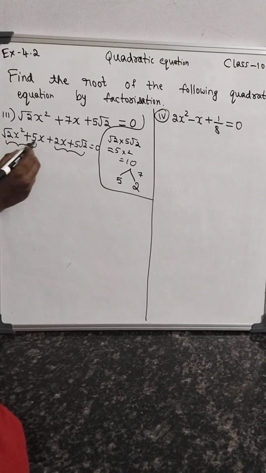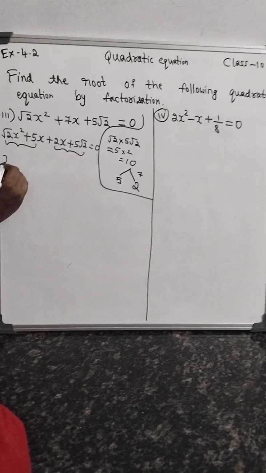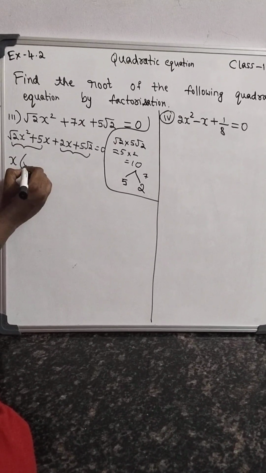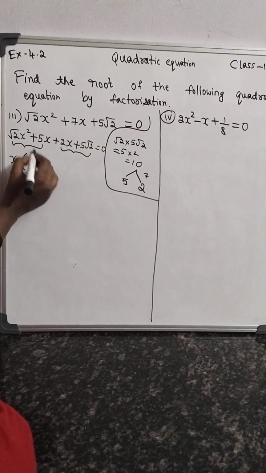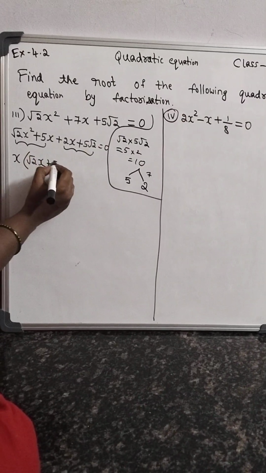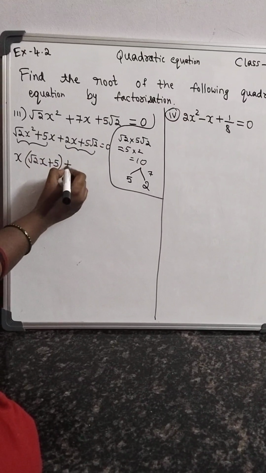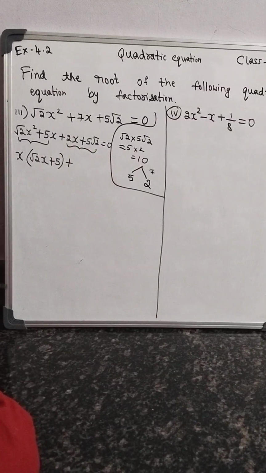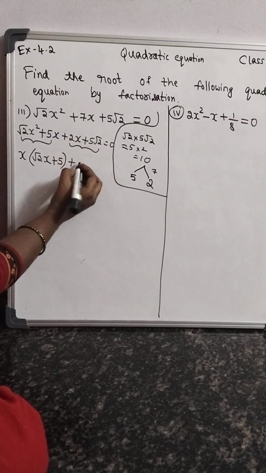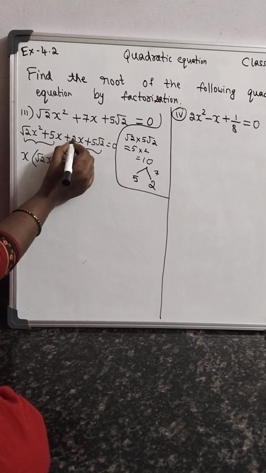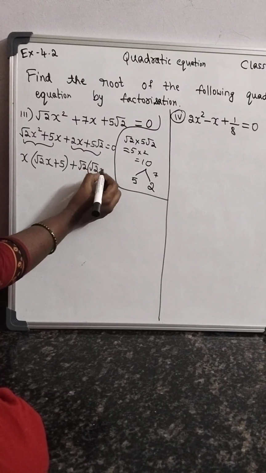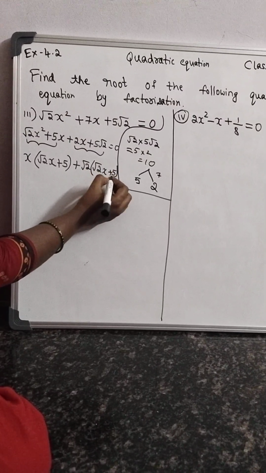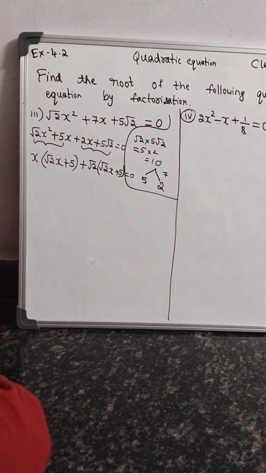And here we see x is common. If I take x as common here, root 2 x will be remaining plus 5. Here we can take root 2 as common. If I take root 2 as common, here root 2 x will be remaining plus 5, which is equal to 0.